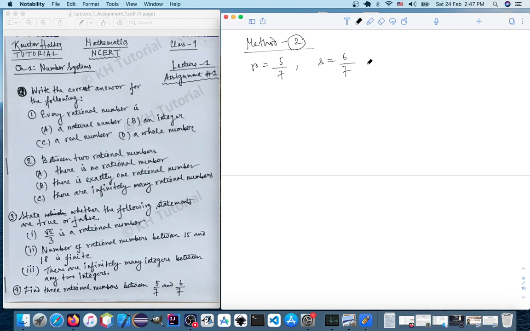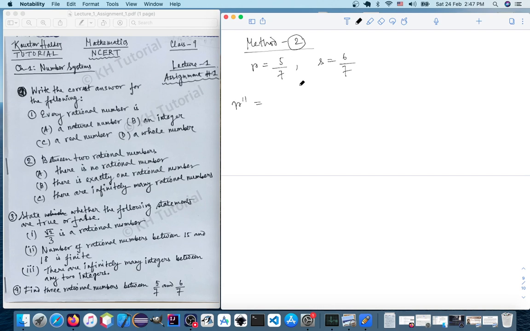the final transformation was then to transform this 5 by 7 and 6 by 7 to other equivalent rational numbers by multiplying by 4. Why 4? Because we have been asked to find three rational numbers, so 3 plus 1 is 4.